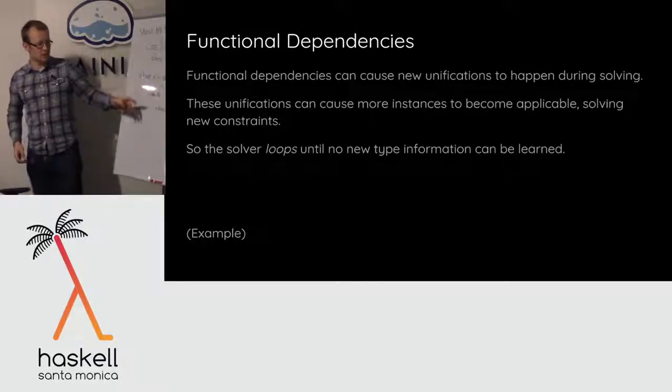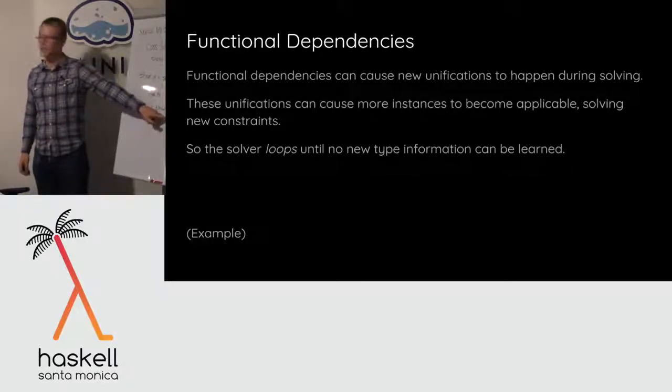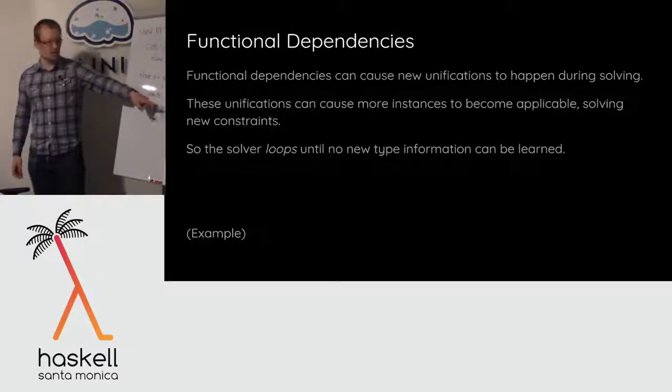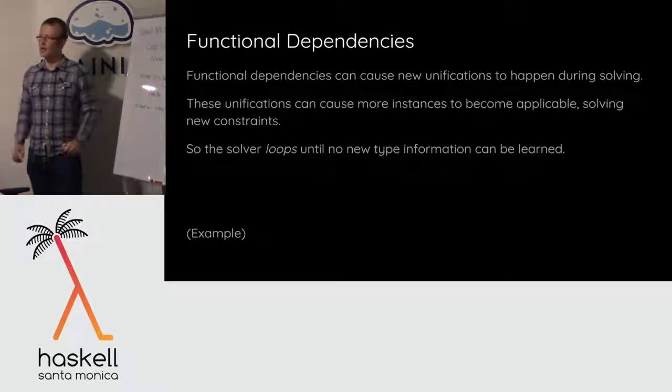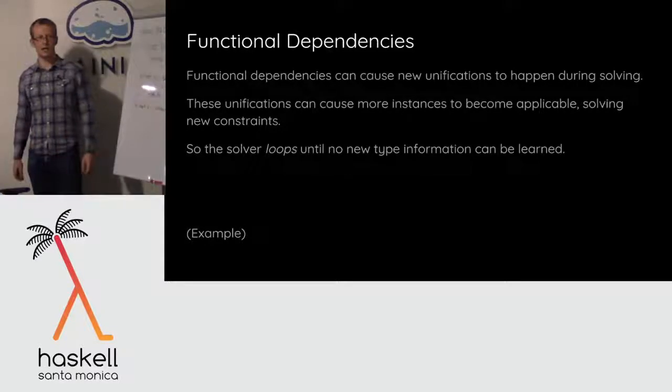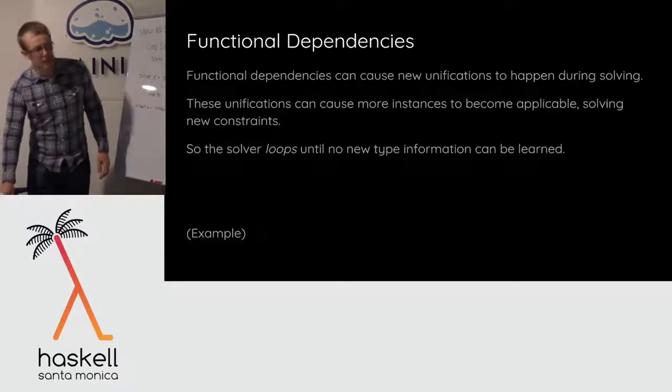So every time we solve a constraint and we get new type information, we go through and we update these little placeholder types inside our dictionary placeholders. And then hopefully on the next turn, this one will have its turn to get replaced with an actual dictionary, right? Until the solver stops and everything's been solved, or we find something we can't solve. That's sort of the gist of the functional dependencies implementation.